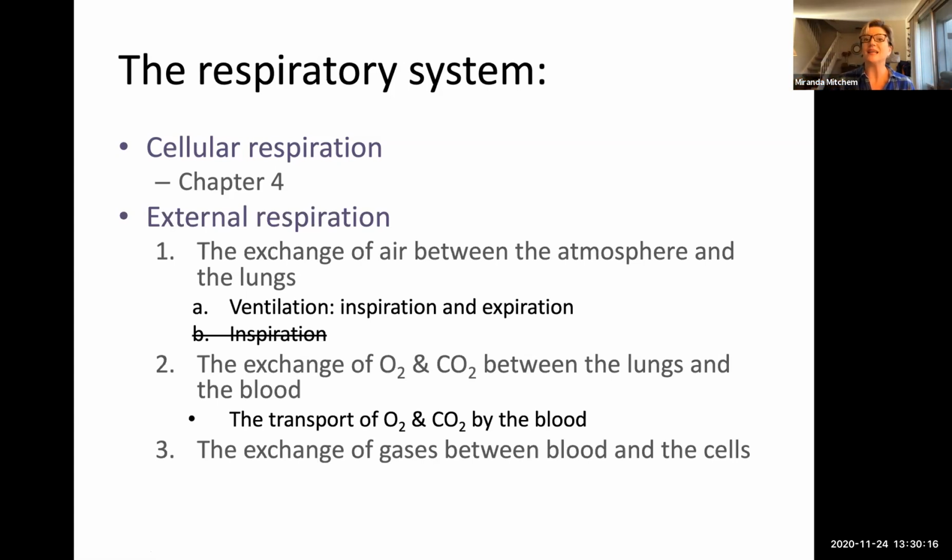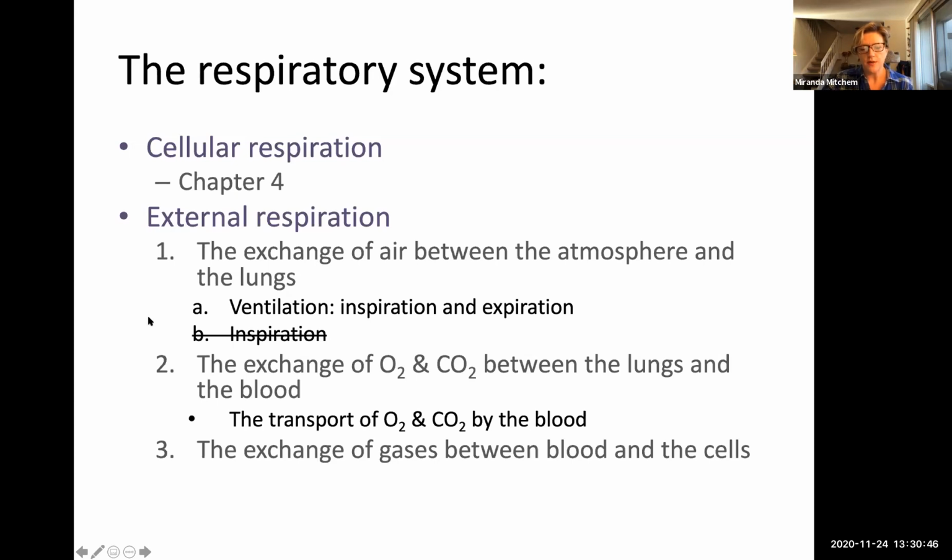And the cycle of ventilation includes the inspiration, breathing in, as well as expiration, breathing out. So the reason I listed it this way on your slide is because these are not separate things. It would be incorrect to just describe ventilation as inspiration. It is the full cycle of inspiration and expiration.